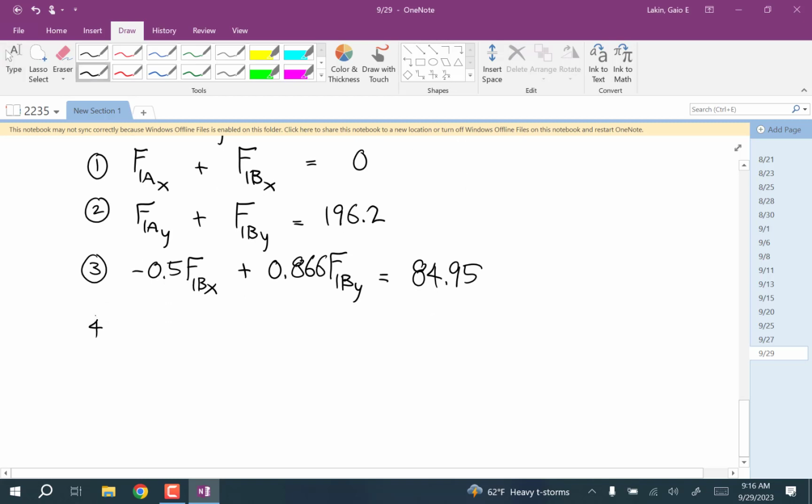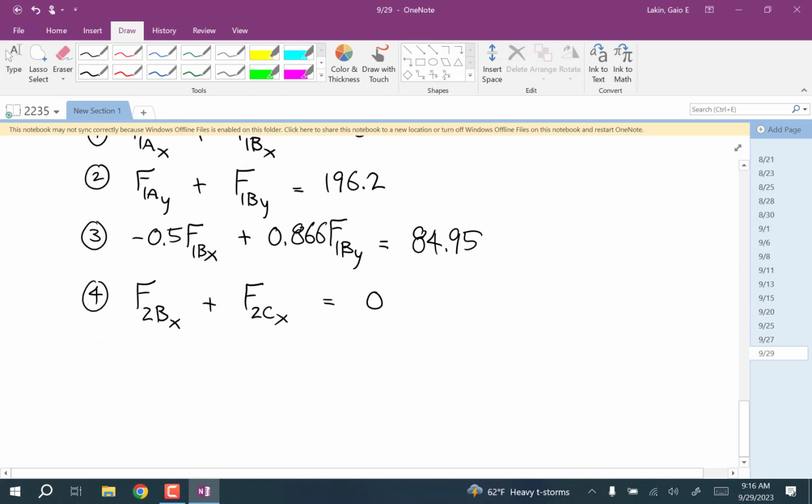And then from body 2, we have 3 more equations. The force on 2 by the pin B, X component, plus F2CX is equal to 0. Now the same thing with the Y components, F2BY plus F2CY is equal to 196.2.